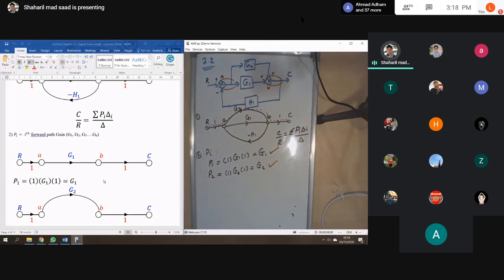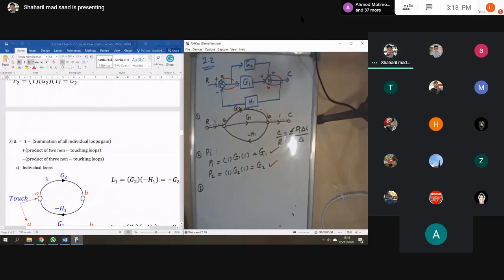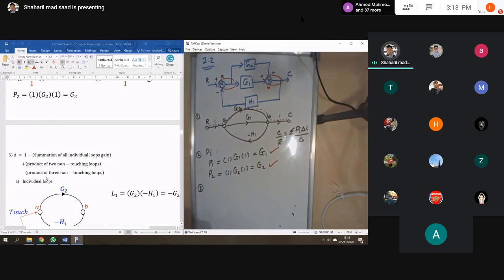Then next, you need to solve the delta first. The formula is 1 minus summation of individual loop gains, plus the product of two non-touching loops, minus the product of 3 non-touching loops.